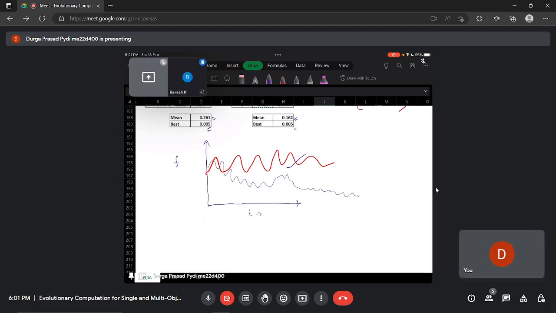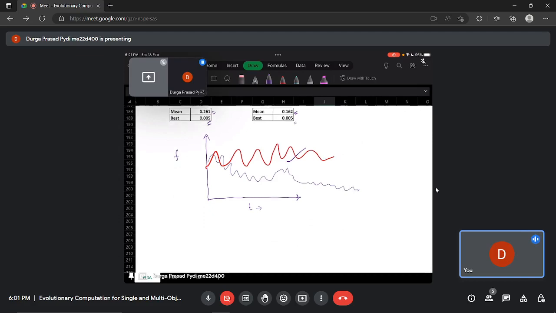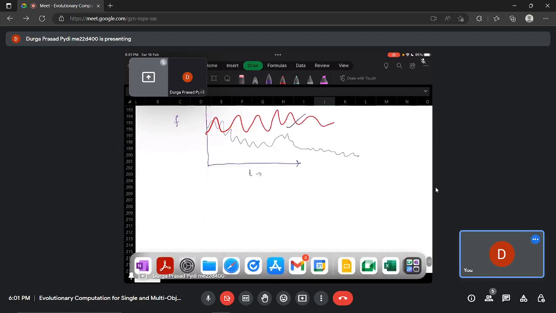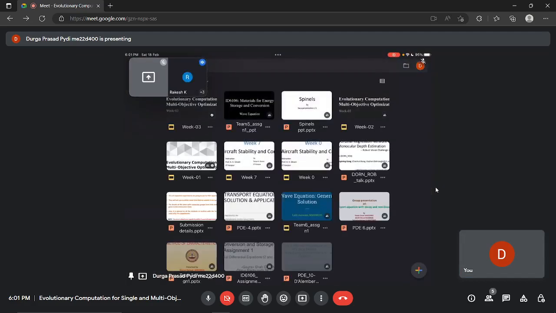So this non-uniform mutation, you told that B is user defined. Yes. So how do we define this value?